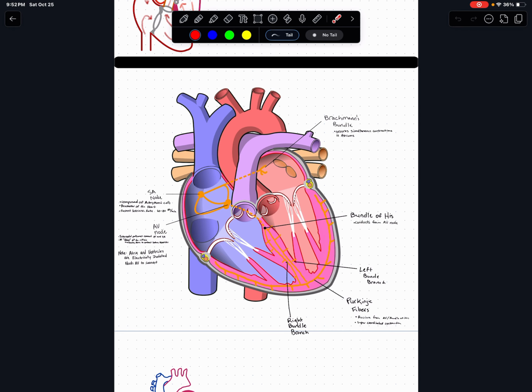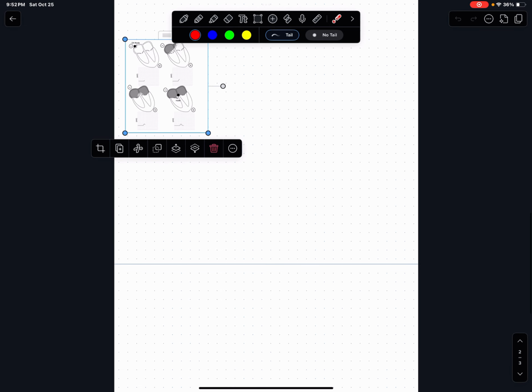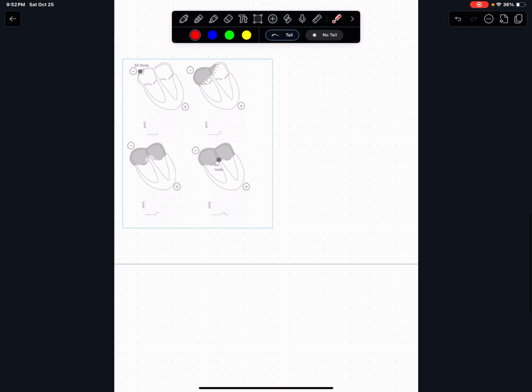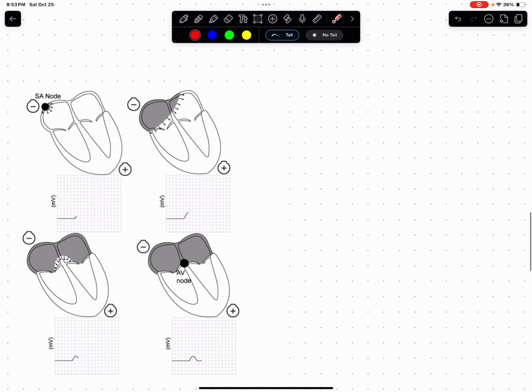So let's look at that actually real quick. Here I have a bunch of pictures we're going to go over. This is you starting out. You're sending an electric potential from the SA node and down.